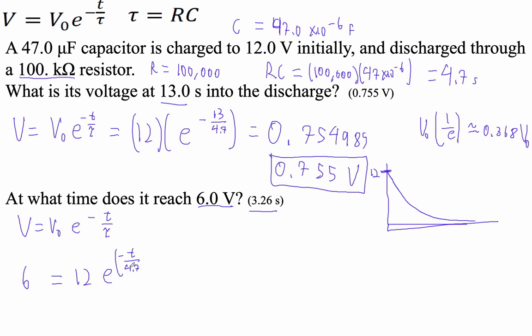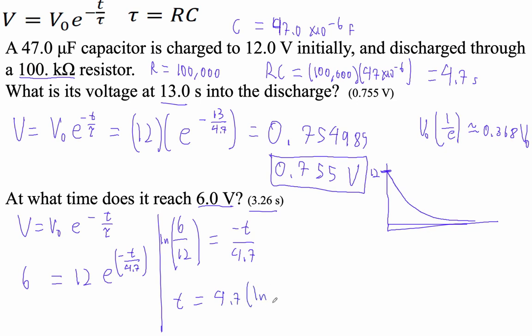I'm going to take 6 twelfths and find the natural log of that. That equals negative t over 4.7, and then t is equal to 4.7 times the natural log of 12 sixths.